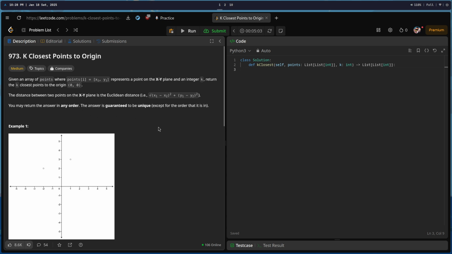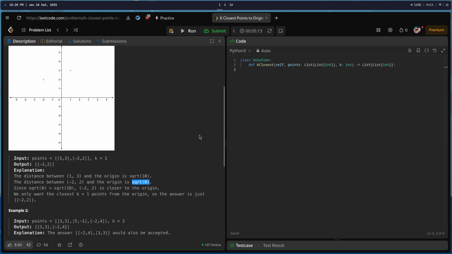Like given an array of points, the k closest points to the origin. And I'm just putting them in a heap, right? I'm storing their distance in the heap, but I need to somehow map the two together, you know?